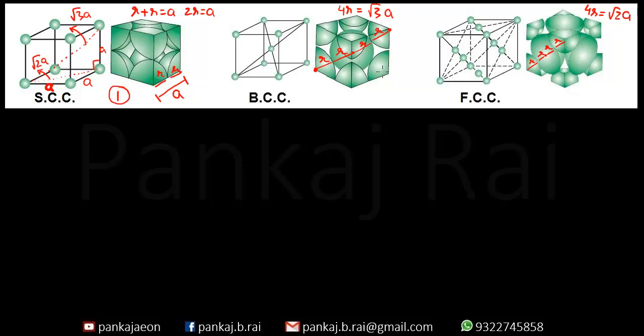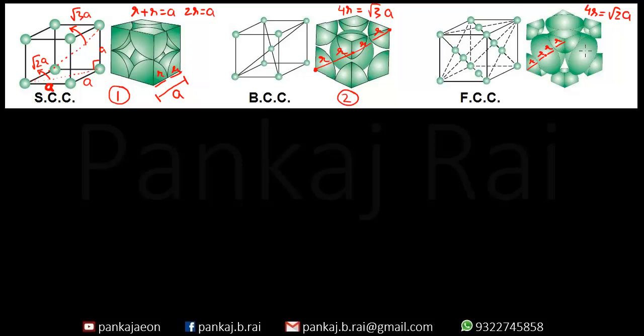Now along with the effective 1 atom at the corners, there is 1 extra atom at the center of the body of the unit cell. So there are 1 plus 1, 2 effective atoms in body centered. And if you concentrate here, along with the 1 effective atom of the corner atoms, we are having 6 atoms at the center of the face. Now this atom which is at the center of the face is being divided into 2 unit cells, this one and the other one which is beside this.